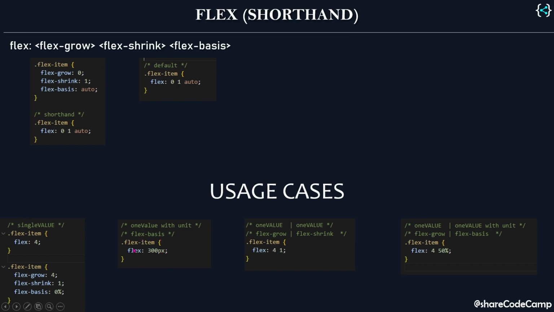So basically this setting will apply to flex-basis. If you do 4 1, both of them unitless, it will take this to grow and this to shrink. And similarly here, this will be flex-grow, this will be flex-basis. If you want to use the shorthand, this is how it works.